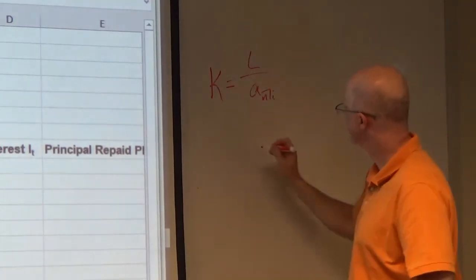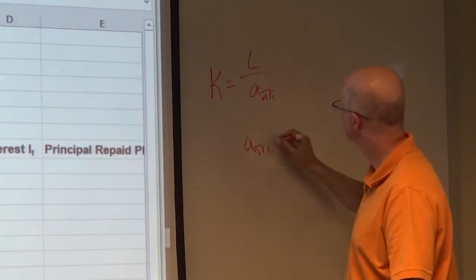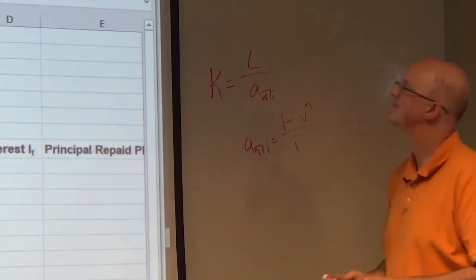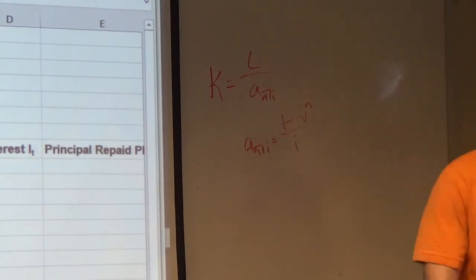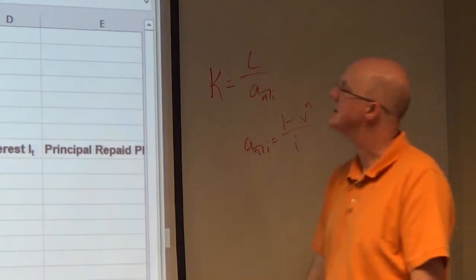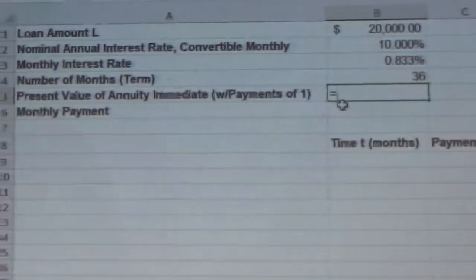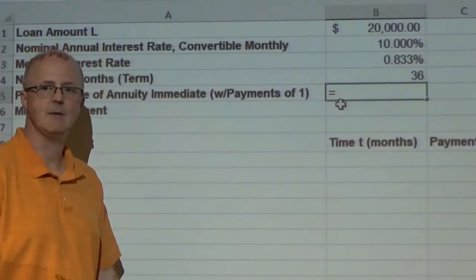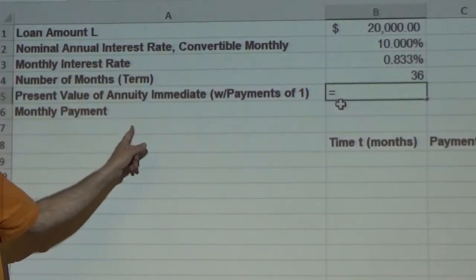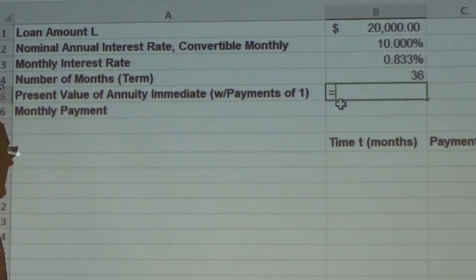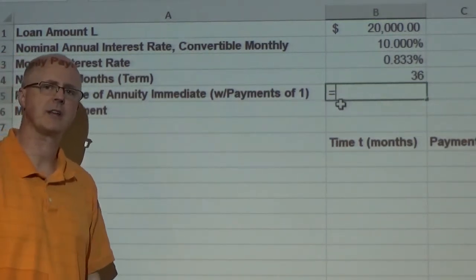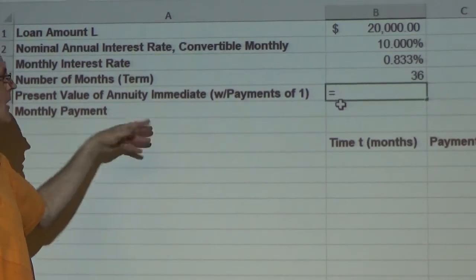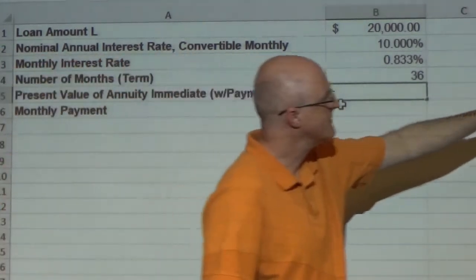Let's go ahead and apply this formula here, where a_n is 1 minus v to the n over i. I'm going to use the spreadsheet's formula capabilities, which is something you're going to want to learn how to do, to figure out what this present value is, and ultimately figure out the monthly payment by doing that division. I'm also going to show you a built-in function in the spreadsheet called PMT that can calculate this monthly payment without doing this calculation over here.